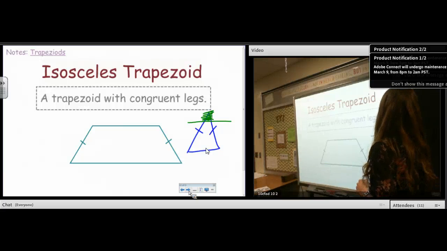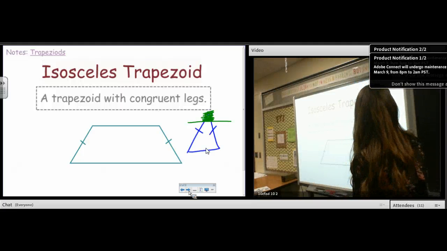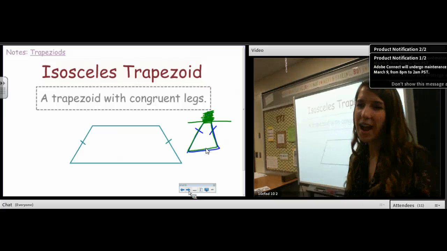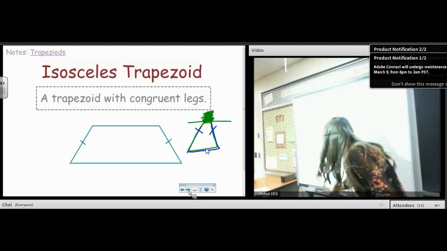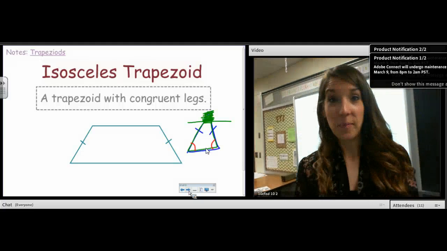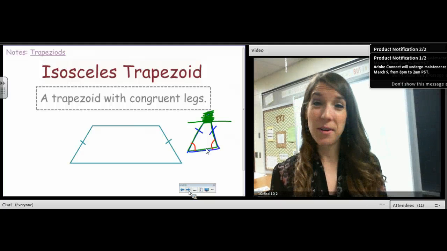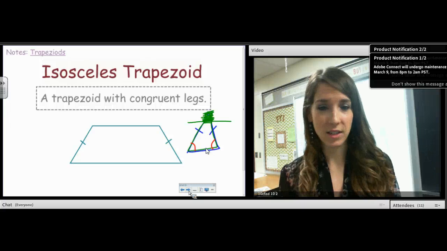So if you take an isosceles triangle and you chop off the top, you have an isosceles trapezoid. That can help you picture what's going on. Just before I show you, what do you think is true about those 2 angles? If the base angles are congruent in an isosceles triangle, they're probably congruent in an isosceles trapezoid.